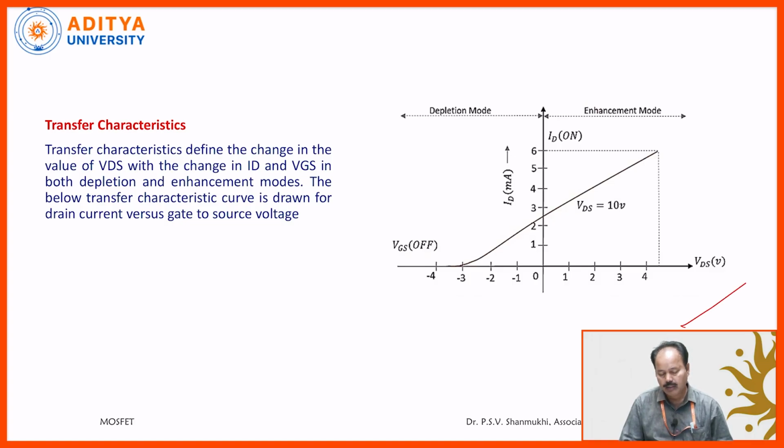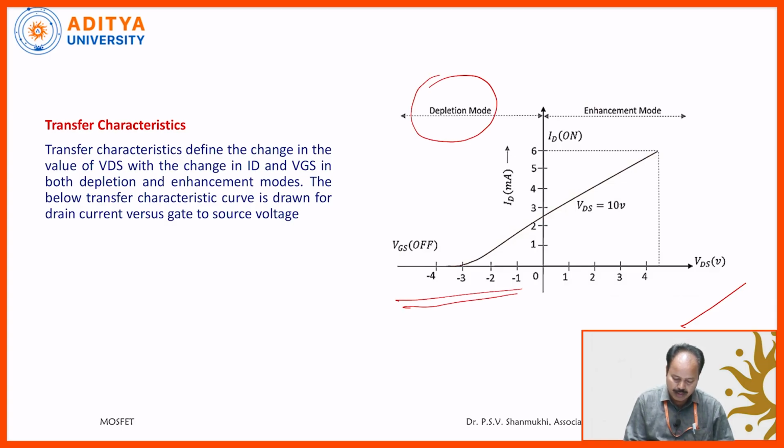Actually this graph represents the ID, the drain current, under two kinds of operations, depletion mode and enhanced mode. Already we have seen under depletion mode we apply negative gate voltages, whereas in enhanced mode the gate voltage we are giving is positive.